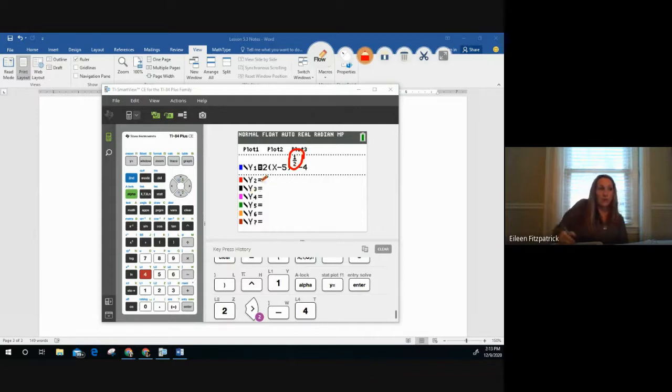So another way of writing that is 2 times the square root of x minus 5, minus 4. So now I know it's a square root, right? The parent function is square root. It shifted 5 units to the right. It shifted 4 units down, and there's a vertical stretch of 2.